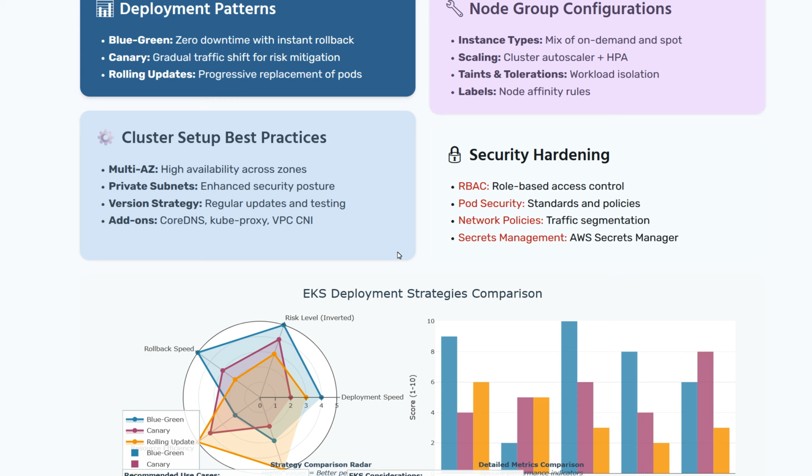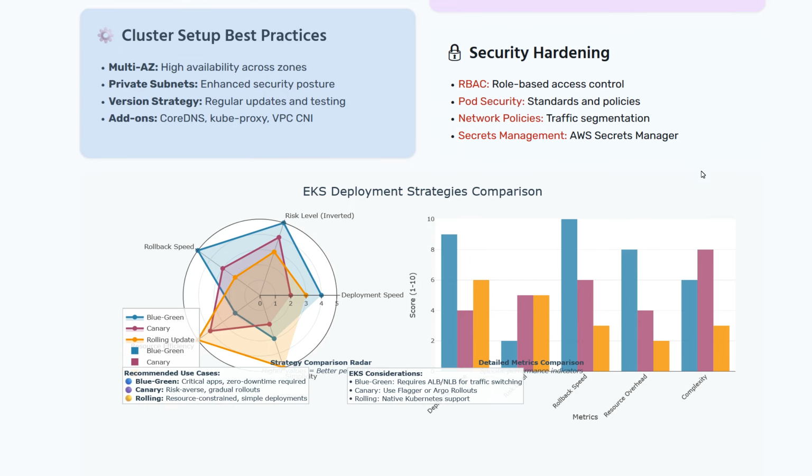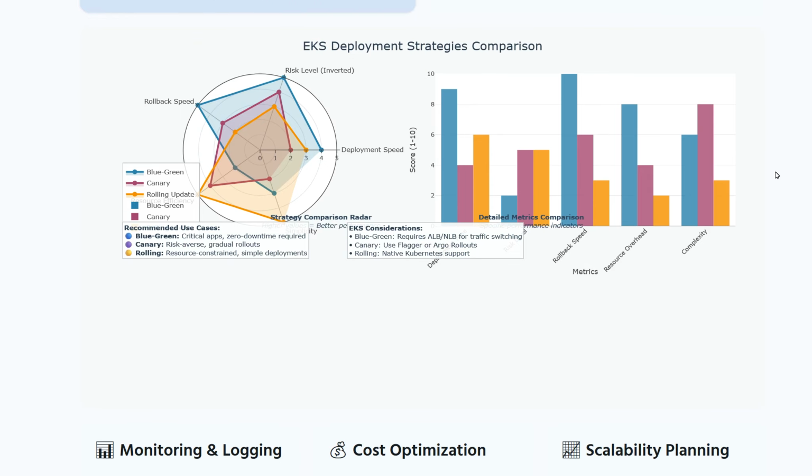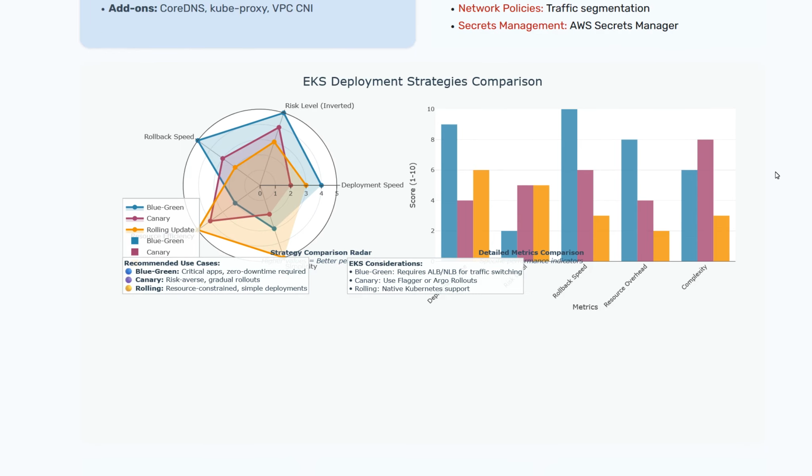And then use security services like RBAC, role-based access control, pod security standards and policies, and then network policies, and you can use AWS Secrets Manager for secret control.